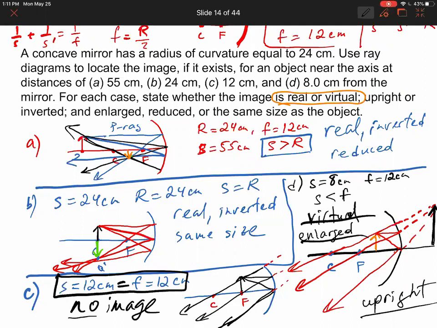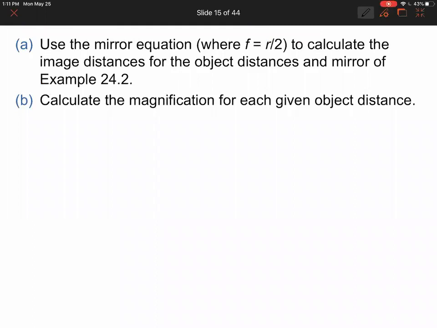All right, so then let's go to the next example where it asks you to calculate all of those values. What is the magnification and image distance for all those 4 different cases? Well, here's what I have. This was the equation, 1 over s plus 1 over s prime equals 1 over f.